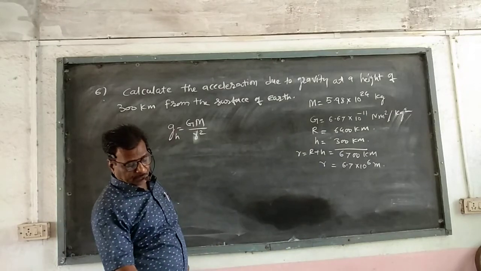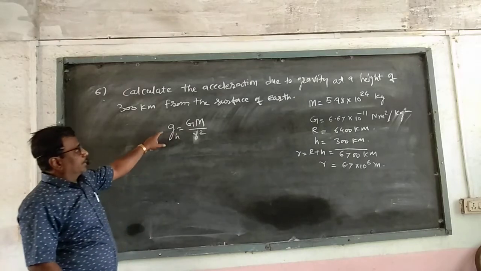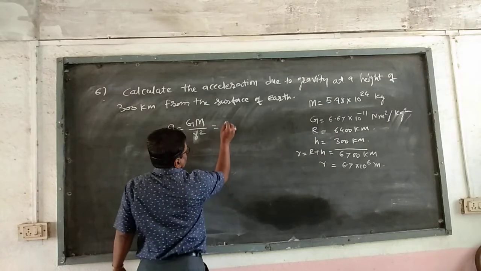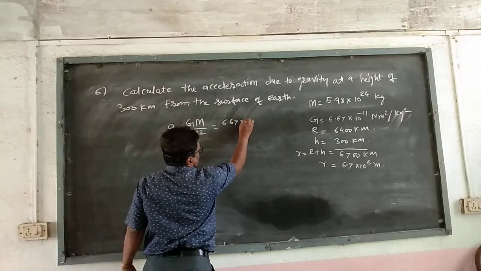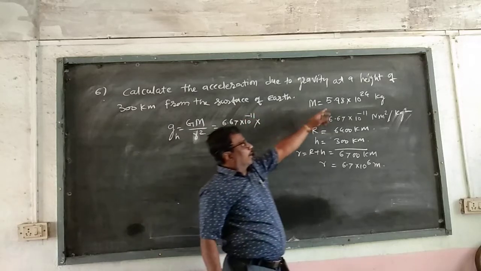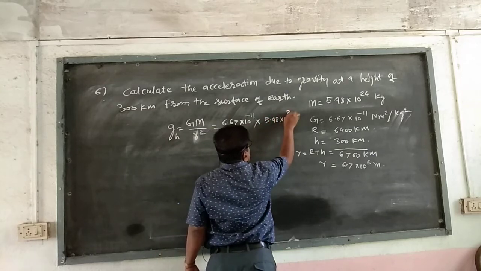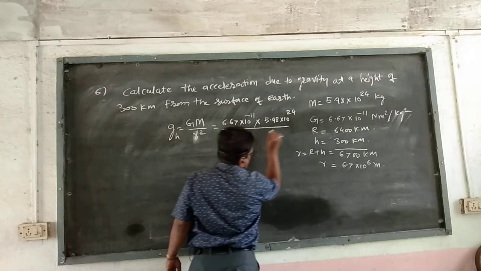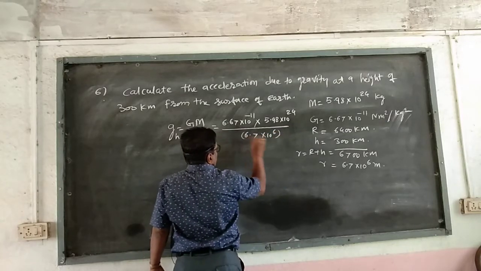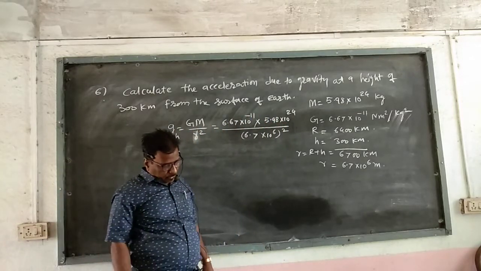Now substitute this value in this formula. We get acceleration due to gravity gh equal to 6.67 into 10 to the power minus 11 into mass 5.98 into 10 to the power 24 divided by (6.7 into 10 to the power 6) square. Now solve this.